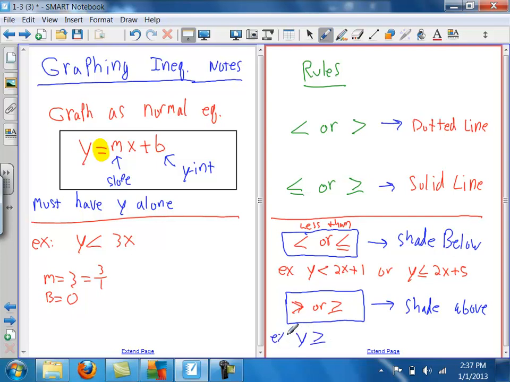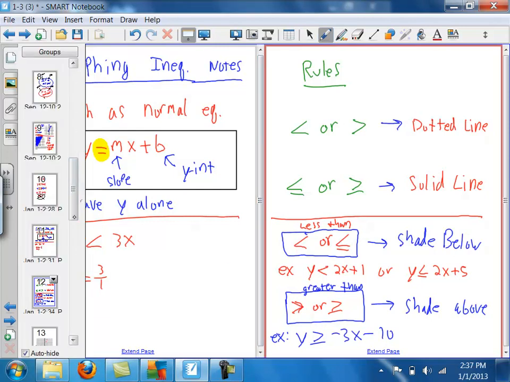So this is your example: y is greater than or equal to, and we just make up numbers, so we can say negative 3x minus 10. This means that we want to shade above because it's greater than. You've got to be able to read that way. So greater than or equal to, less than or equal to. There's all your rules.